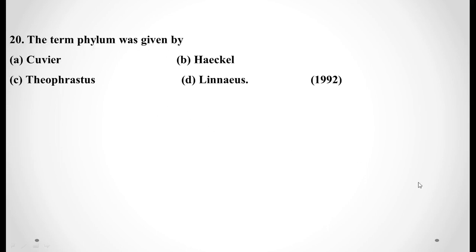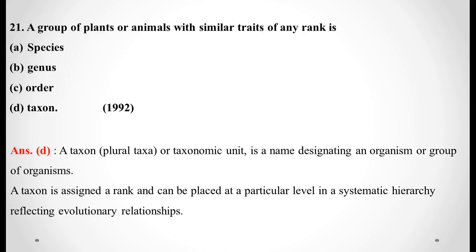The next question is, a group of plants or animals with similar traits of any rank is species, genus, order, or taxon. A group of plants or animals with similar traits of any rank is a taxon. In the earlier question, I told you that taxon is a common term you can use for order, for genus, for species.